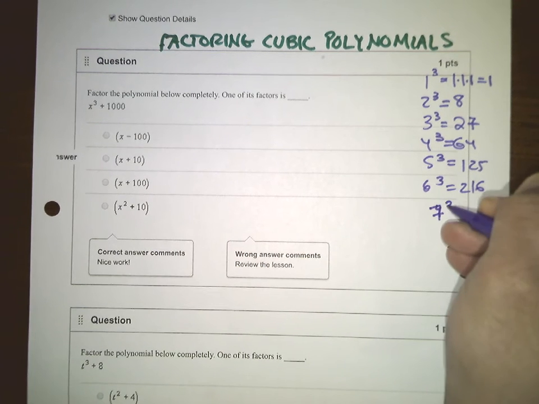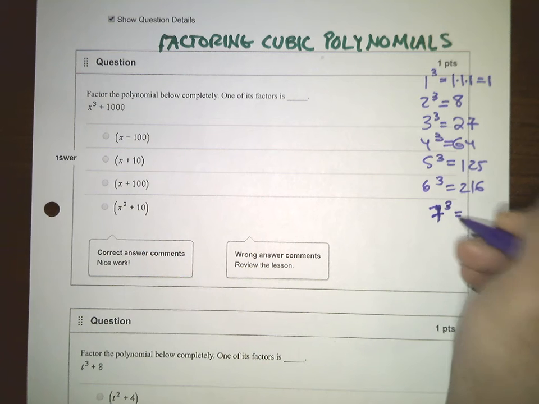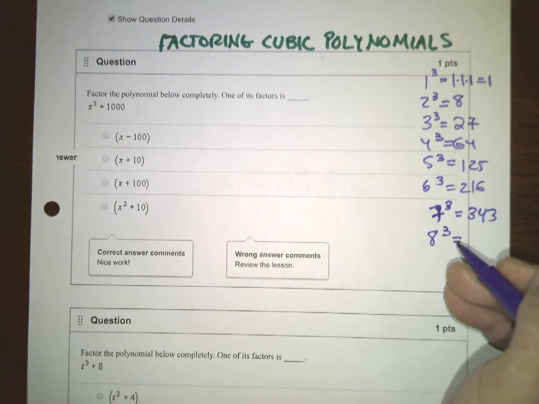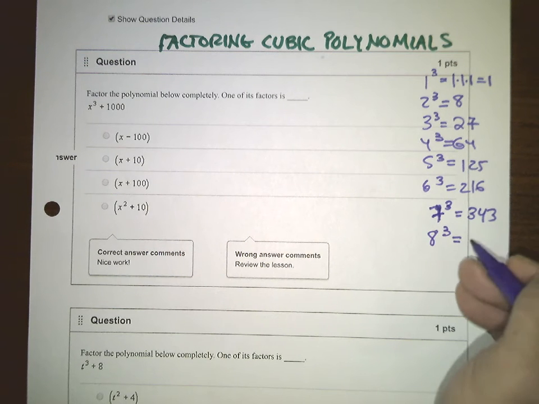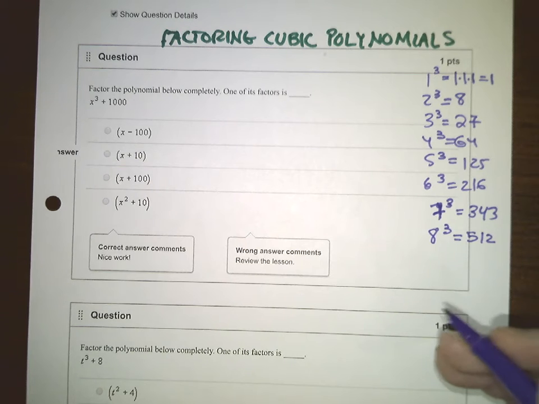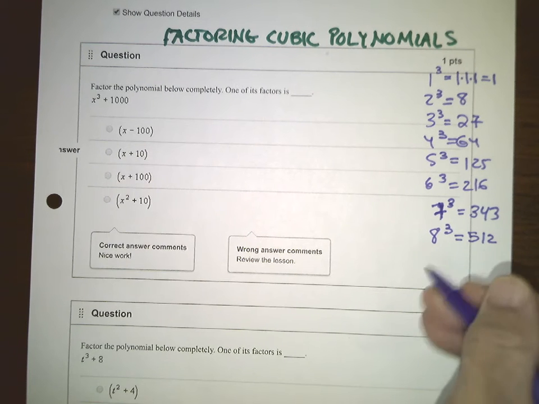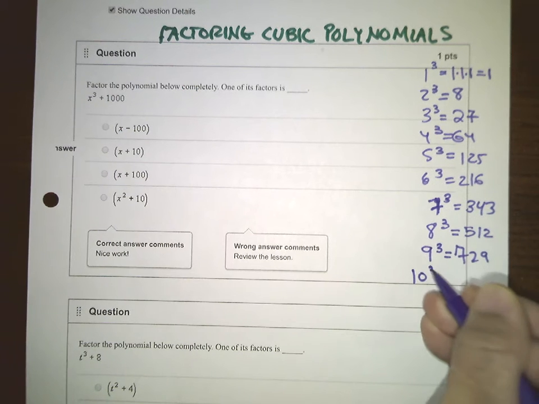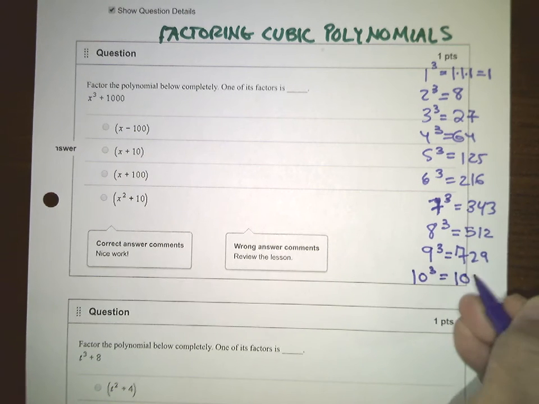And 7 cubed is 343. 8 cubed is going to be 512. 9 cubed is 729. 10 cubed is 1,000.